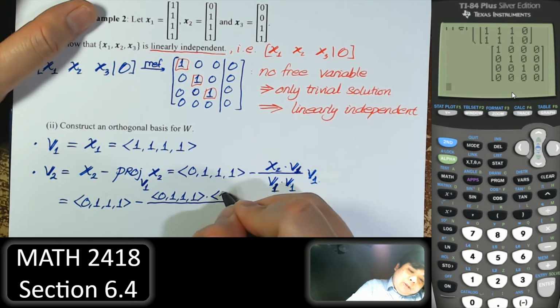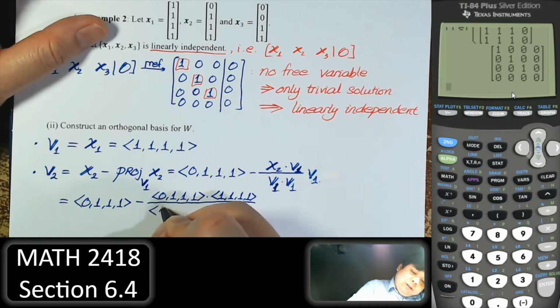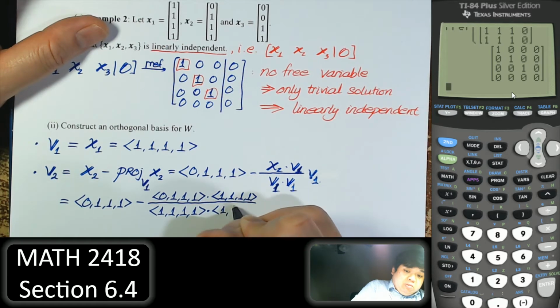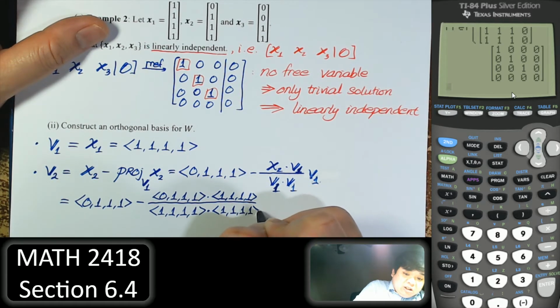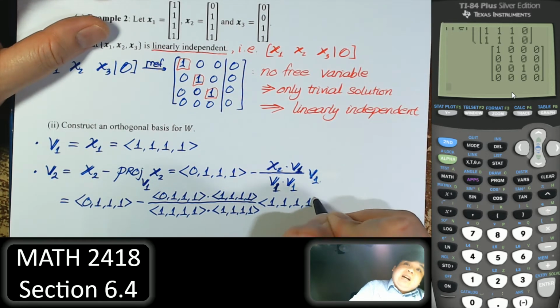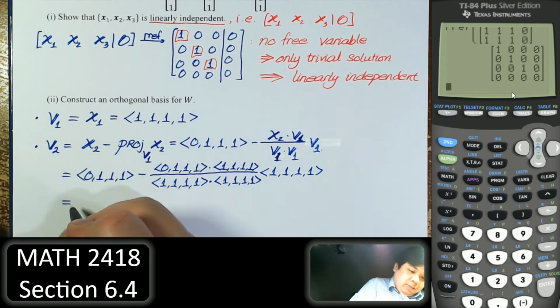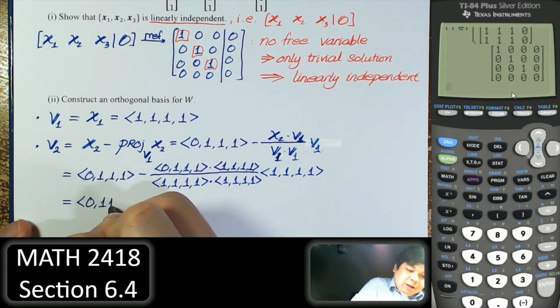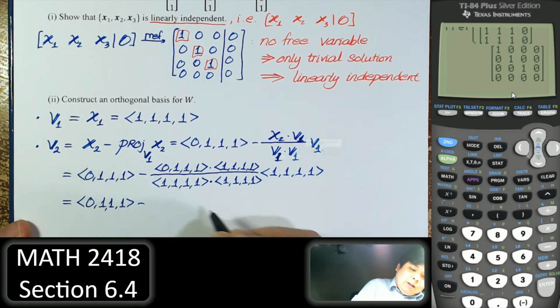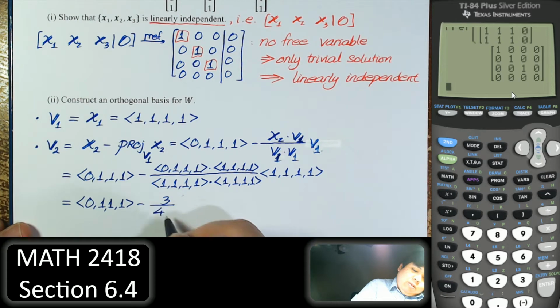Right, v1 is 1 1 1 1. The numbers here are very simple already, so the calculation is not that bad. And I said this process is more suitable to do with a computer program than by hand. So 1 1 1 1 times that, we have 0 plus 1 plus 1 plus 1, so there will be 3 on the top, and 4 at the bottom.